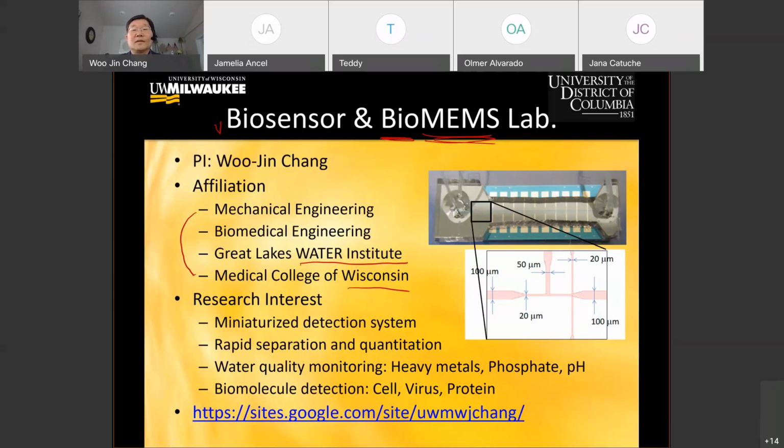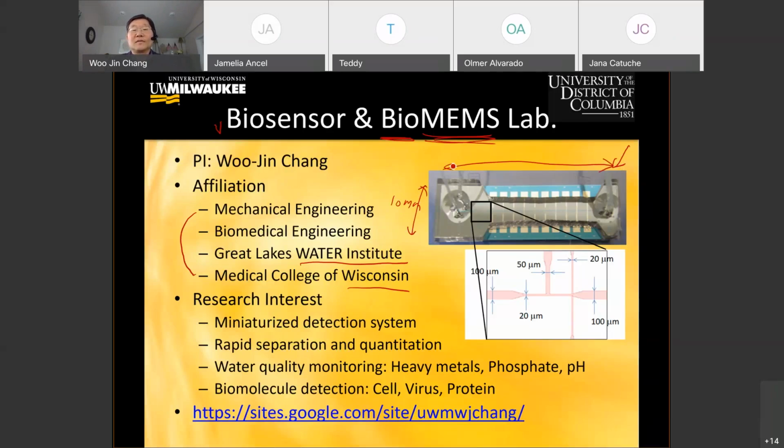So I have an example showing my work here. This picture shows the small device, and this one is actually just a 110 millimeter by 3 millimeter device.